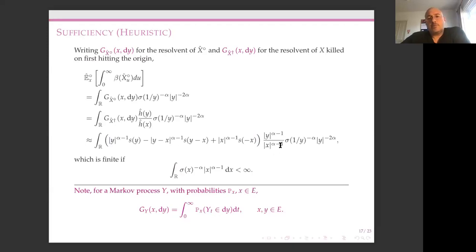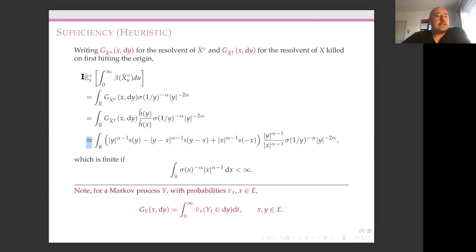Well, I have a little bit of a problem down there, but if you're prepared to trust me, the whole thing is controllable, and essentially, if this integral is finite, then you can make sense of this limit here, this guy here.